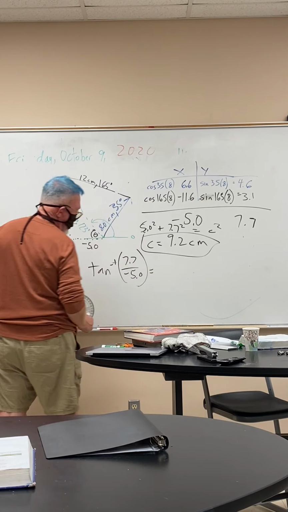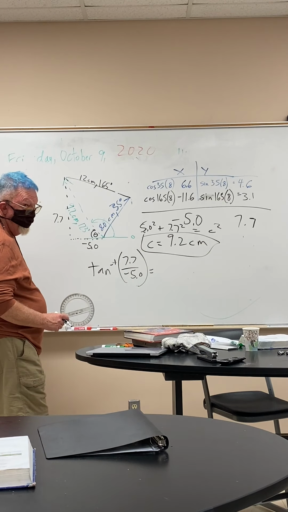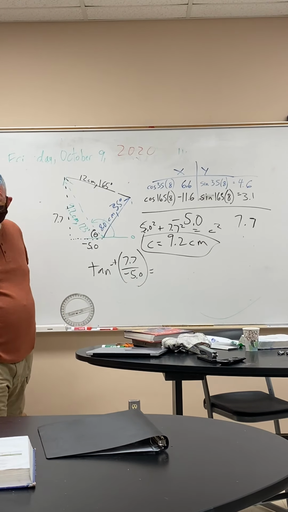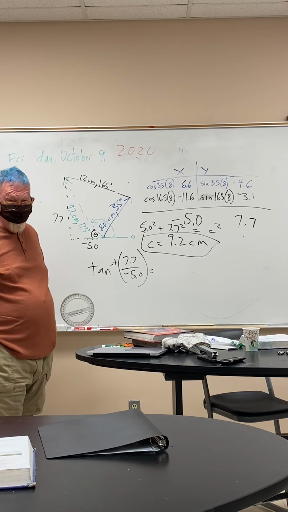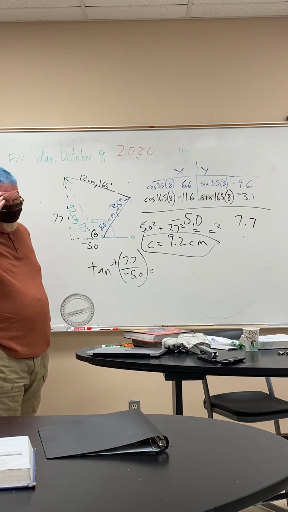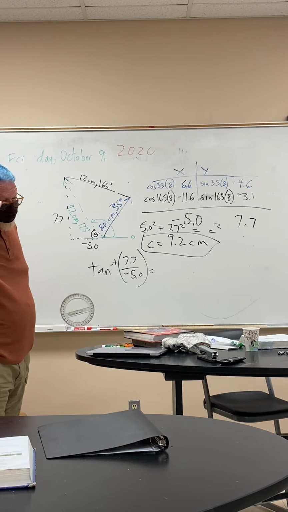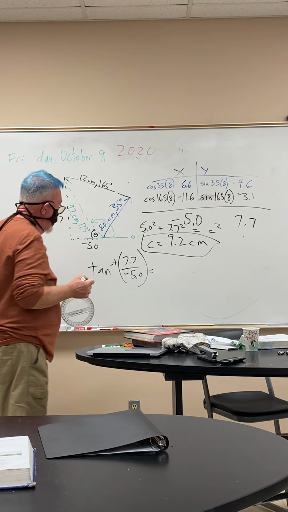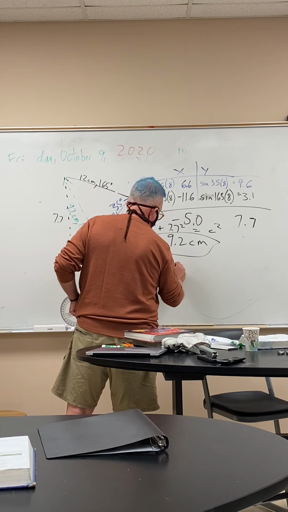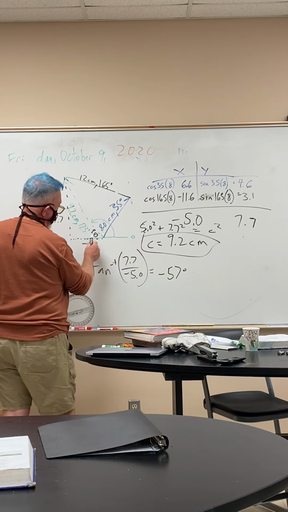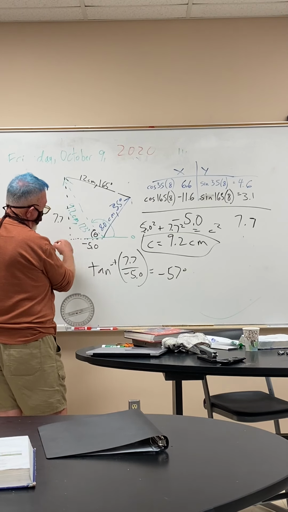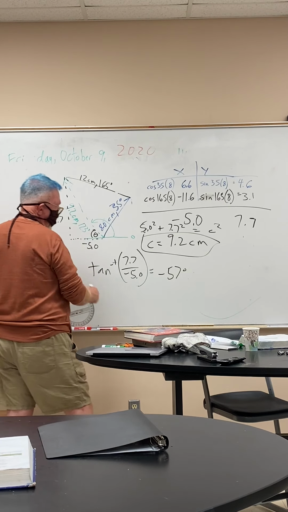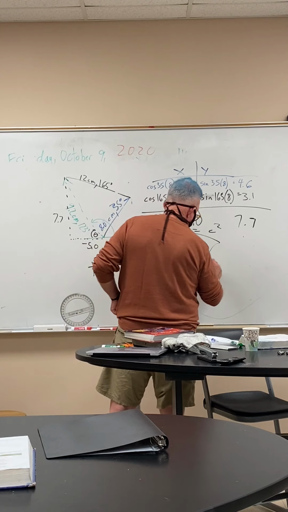That gives us negative 57 degrees, which tells you it's going clockwise, so negative 57 from 180 gives you 123 degrees.